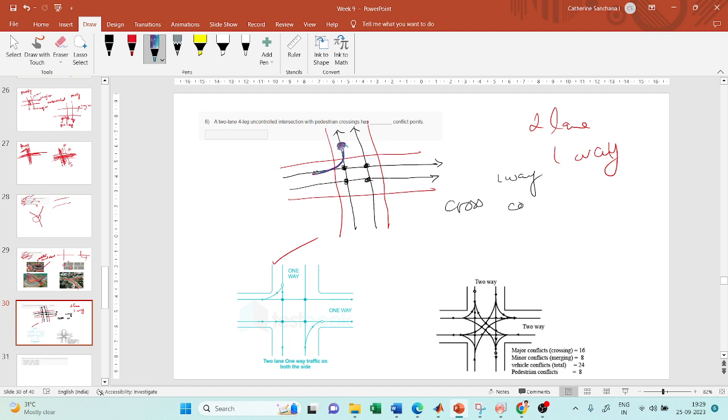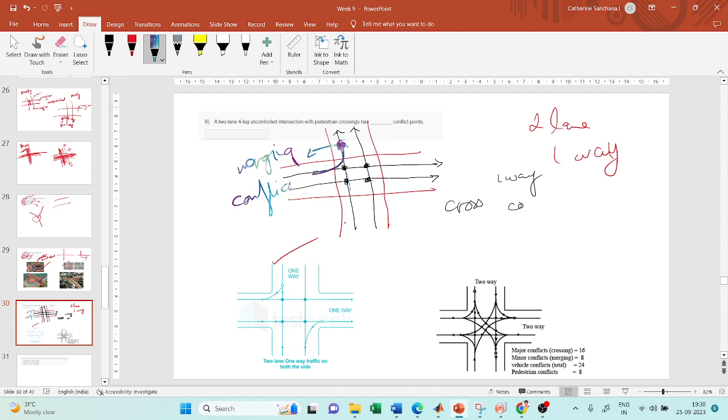So here also you have a chance of colliding with the vehicle traveling in this direction, right? So this is called a merging conflict, right? And this is not as serious as a cross conflict, so you will call this a minor conflict point. So this is one conflict point. So you have four major conflict points and one minor conflict point here.